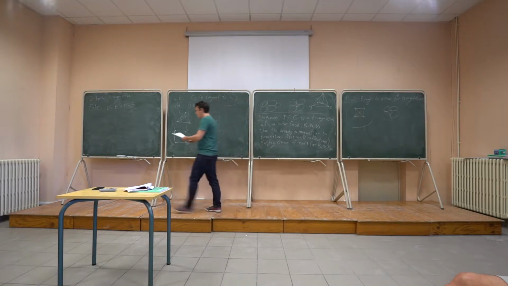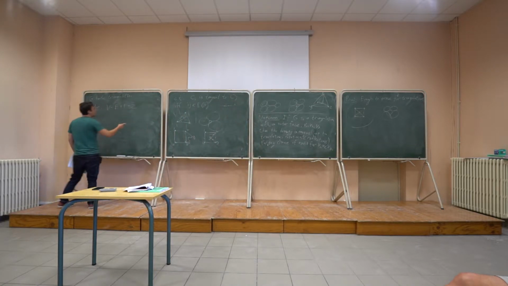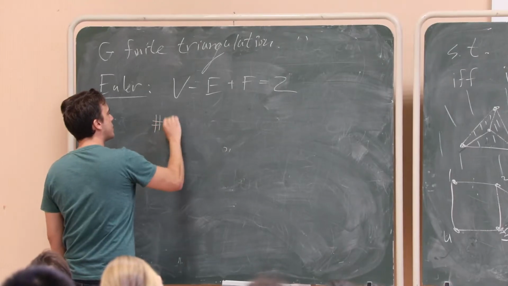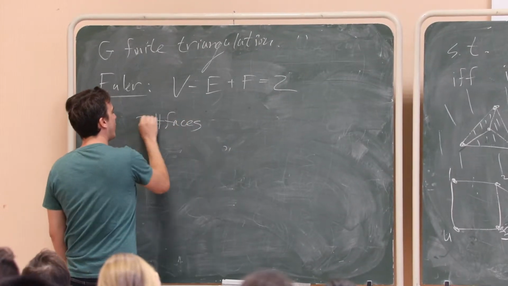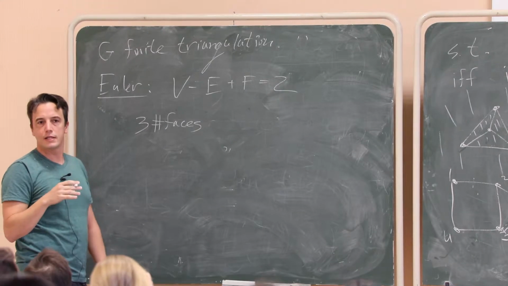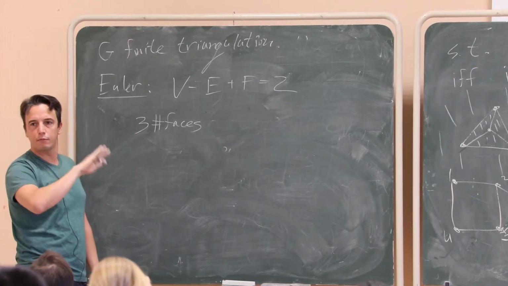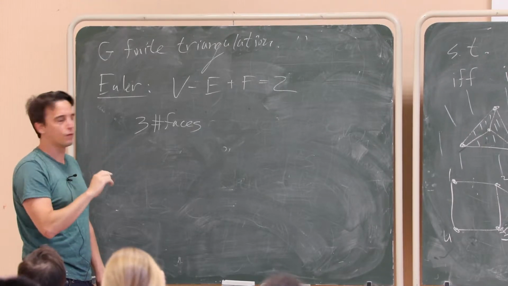Okay. So we have Euler's formula, and since we're in a triangulation, every face has exactly 3 edges. If I take the number of faces and multiply by 3, I get the number of edges, but each edge counted twice, since each edge appears in precisely 2 faces.